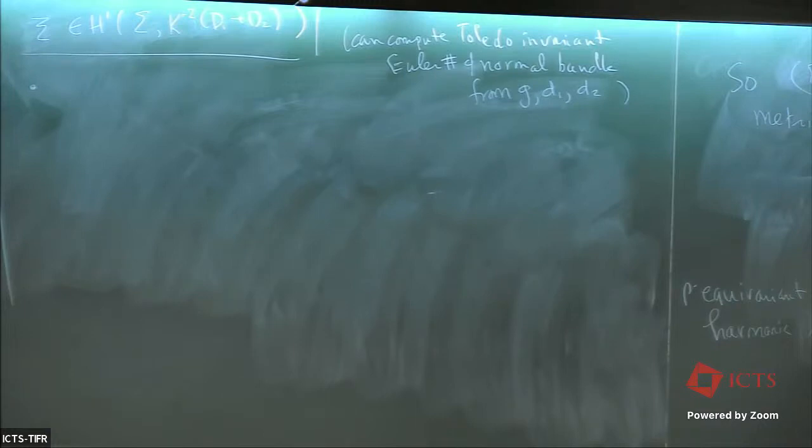If you start out with D1 and D2 both empty, and the extension class is 0, then you get a Lagrangian plane, a totally real plane in CH2, which is the most trivial case.